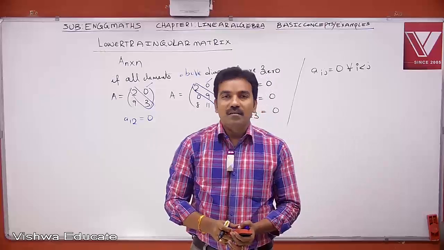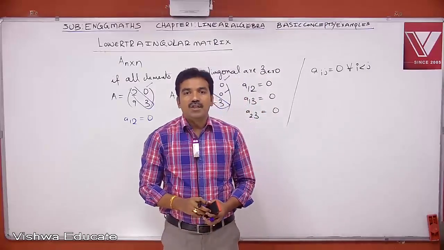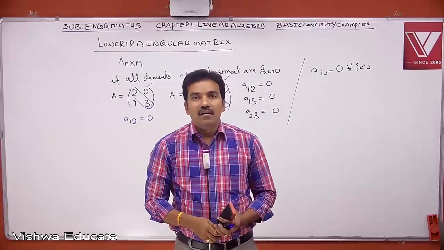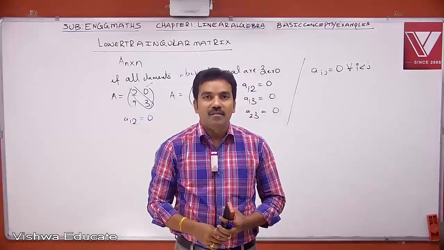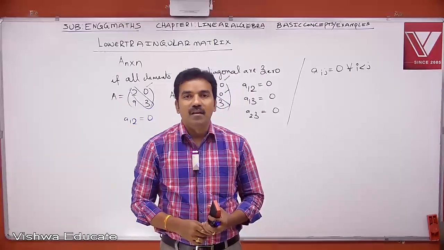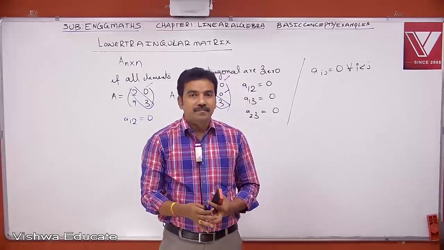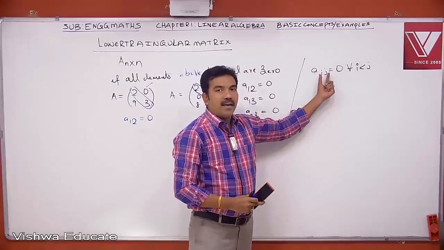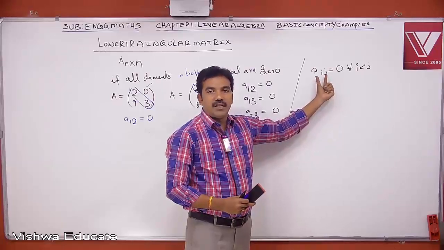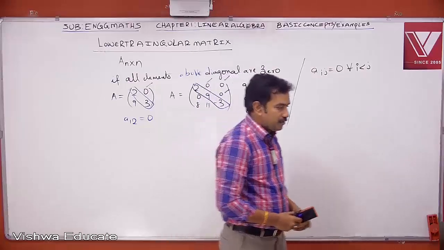A square matrix A is said to be lower triangular if all elements above the diagonal are 0. That is, small aij is equal to 0 for all i less than j. Note down these two examples.